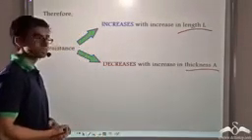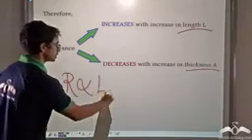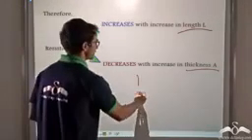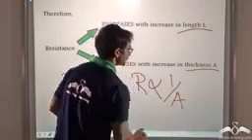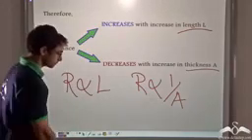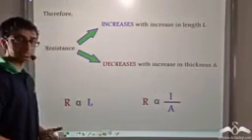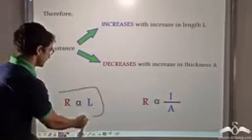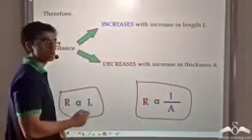So what can we say? We can say that resistance is directly proportional to length and resistance is inversely proportional to the area of cross section A. Thus, these are the two relations that we get for resistance. R directly proportional to L and R inversely proportional to A.